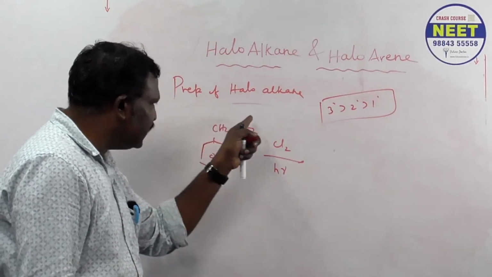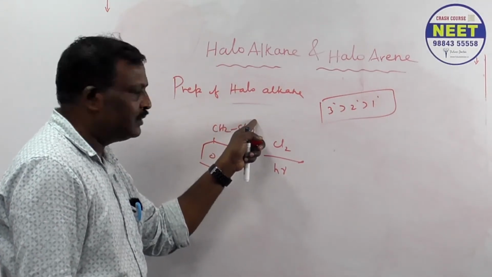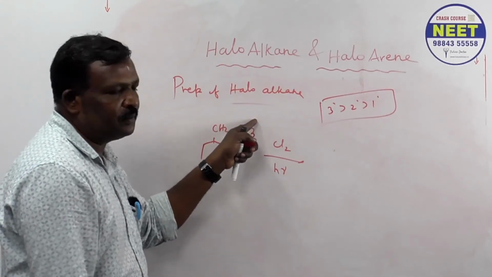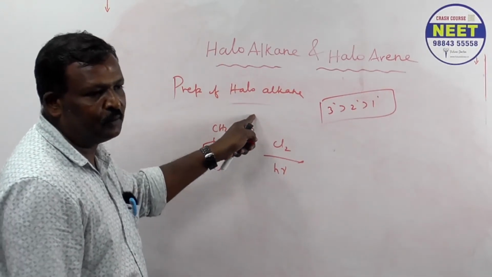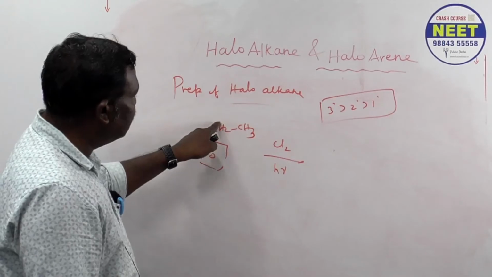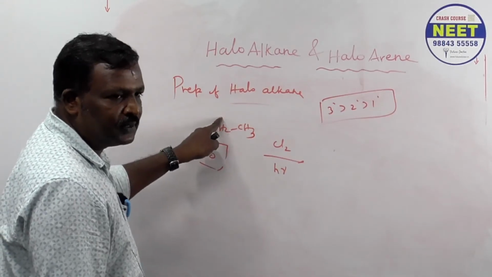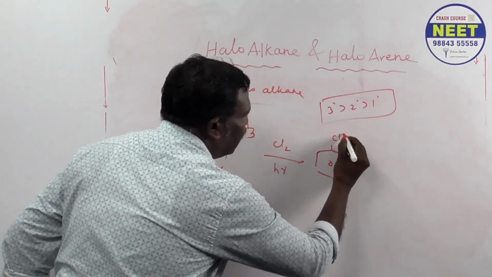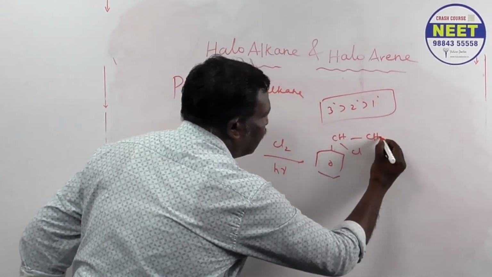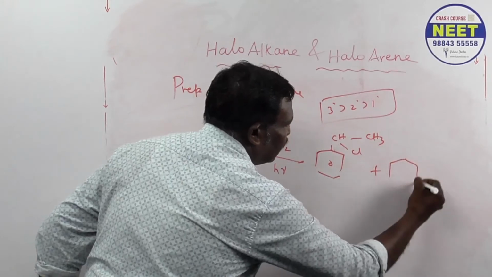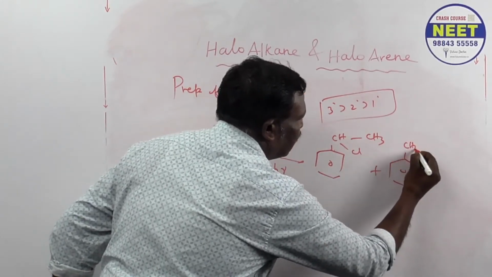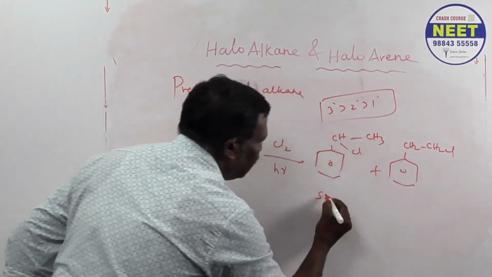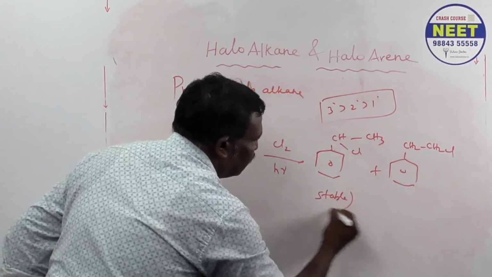I am asking which one is the major, which one is the stable product. I want the stable product, so this hydrogen you have to replace. You write both, and write the stable product. CH2, Cl. This is called what? Stable product. Right.